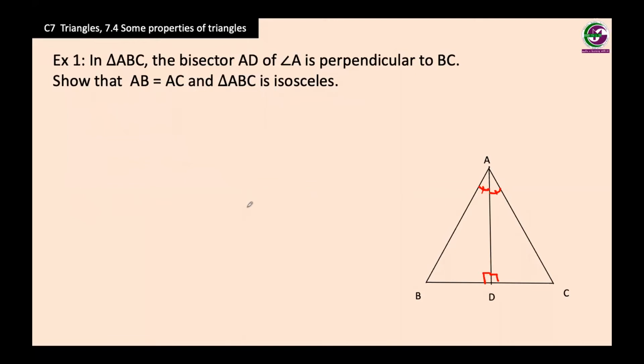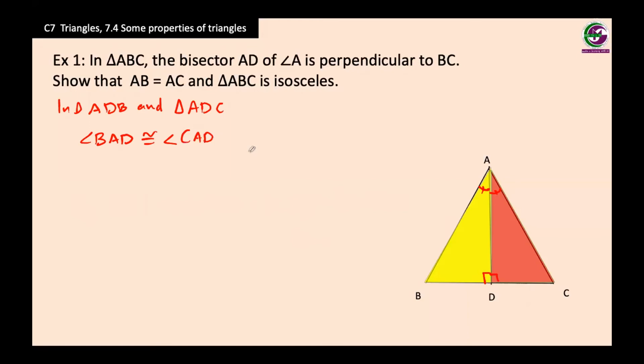So let us take the triangle ADB and ADC. So in triangle ADB and triangle ADC, angle BAD is congruent to angle CAD, because angle A is bisected, or AD is a bisector.